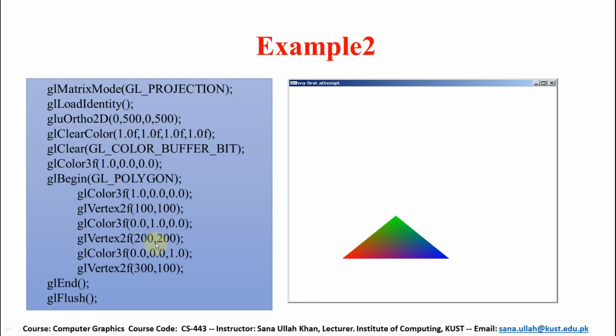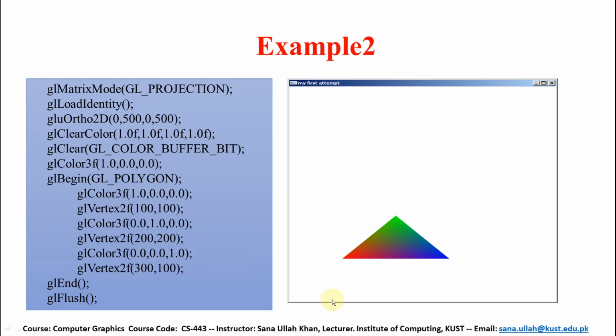If you want to use different colors, we will use red color for the first point, x and y, so 100 and 100, this point, which color will be red, and for the second point we change to green. X is 200, and y also 200, and for the third we use the blue color.